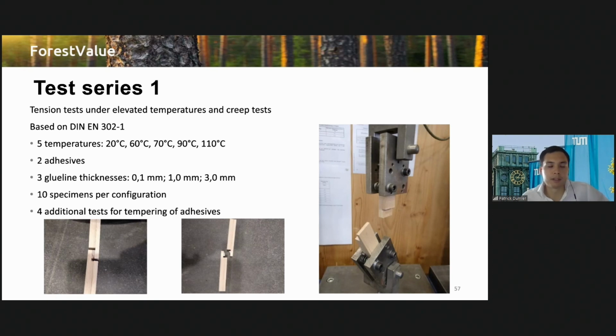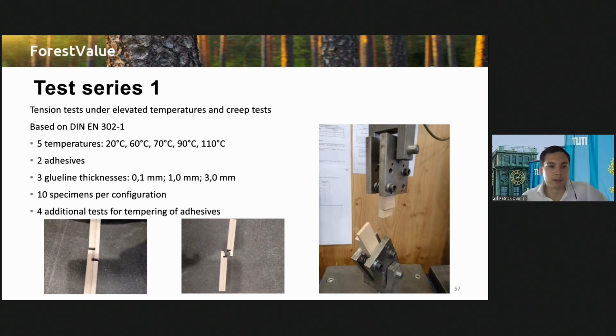For the creep tests, this was different. There the specimens were first loaded mechanically with a constant load, and afterwards a heat of 110 degrees was applied. We had two different adhesive types and three different glue line thicknesses of 0.1, 1.0, and 3.0 millimeters. And per test series, there were always 10 specimens.